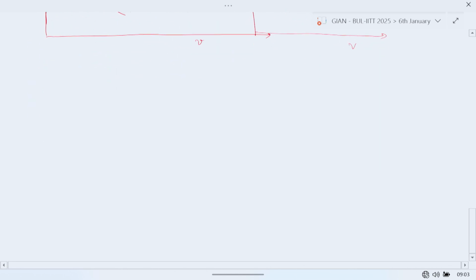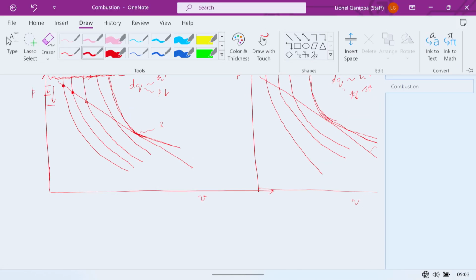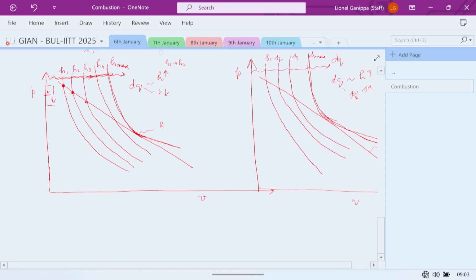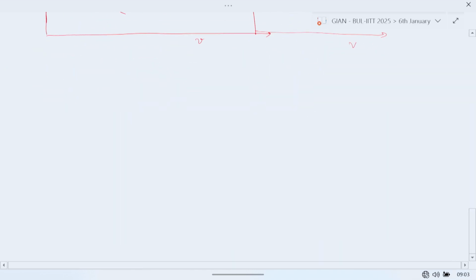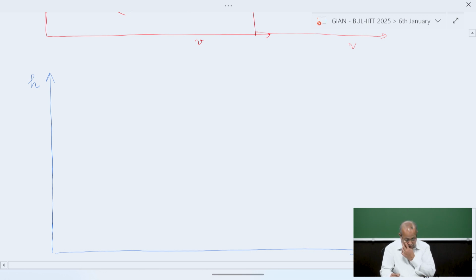Okay, so here is the enthalpy entropy diagram.